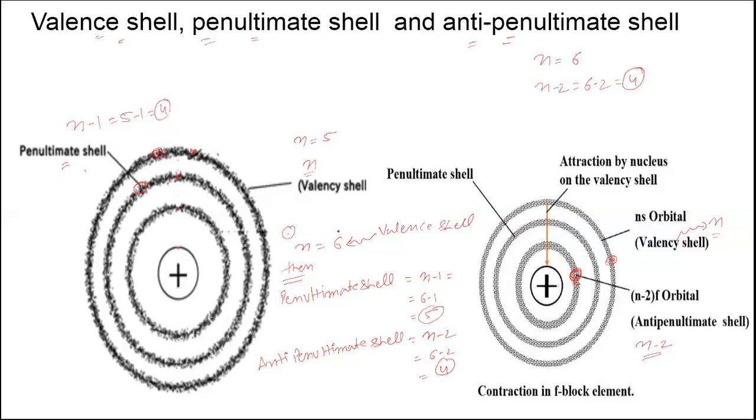So if valence shell is 6, then penultimate shell value is 5 and anti-penultimate shell value is 4. The word penultimate shell is used in D block element, whereas word anti-penultimate shell is used in F block elements.